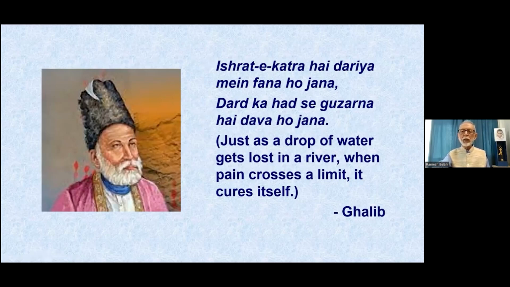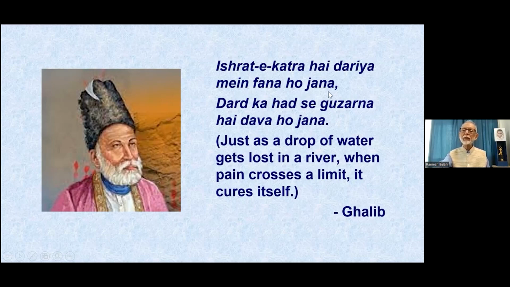This has been expressed beautifully in a couplet by the eminent poet Ghalib. इशरत कतरा है दरिया में फना हो जाना, दर्द का हद से गुजरना है दवा हो जाना. What it means is just as a drop of water, इशरत कतरा, gets lost in a river, दरिया में फना हो जाना, loses its identity in the river.